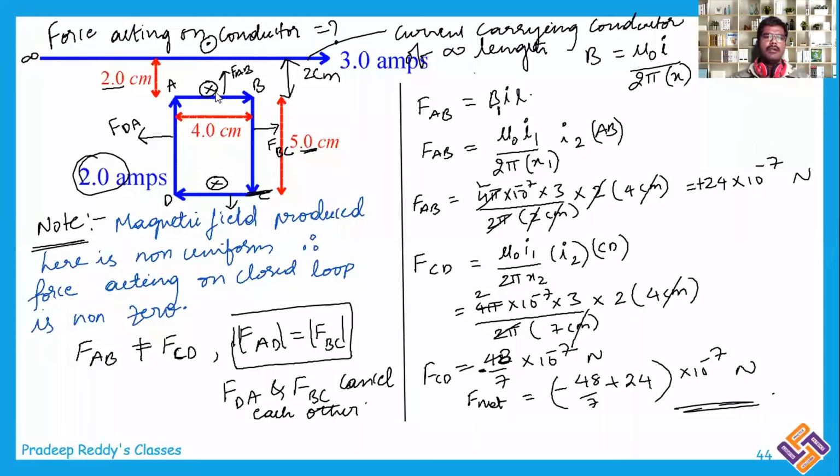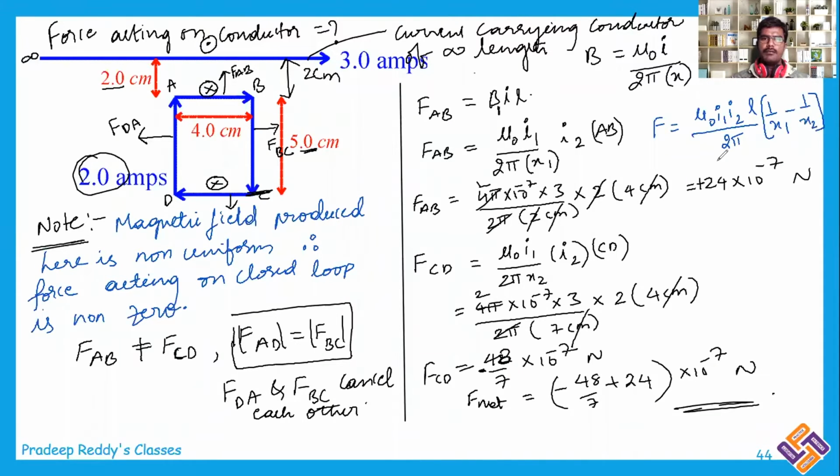Students, whenever you get this kind of problem, you can directly use this relation. F is equal to mu naught I1 I2 into the length of the conductor divided by 2 pi, into 1 by x1 minus 1 by x2.